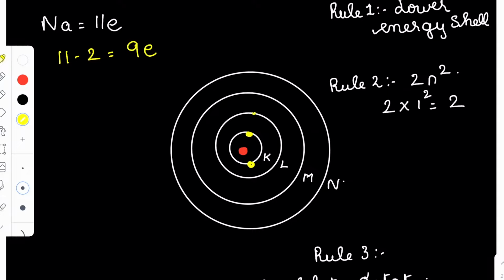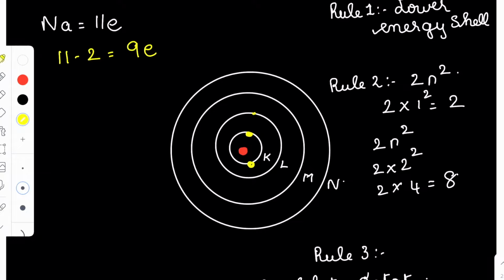Now, let me see how many electrons I can arrange in the L shell. Following the same rule, 2n squared, where n is the number of the shell. So, I am on the L shell, which is the second shell. So, out of the 9, I can arrange only 8 electrons in the L shell.